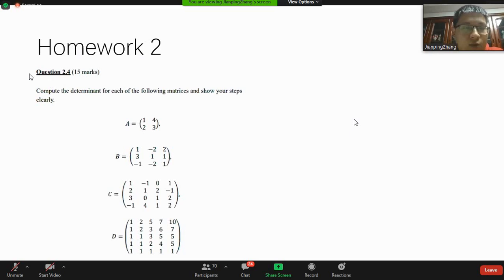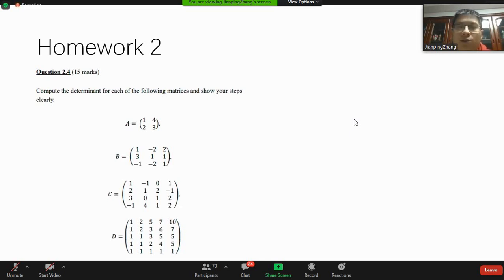And this question, I mentioned before that many of you obtained a wrong result. Yes, because there are 4 sub-questions. To compute the determinant, you can first follow the formula to calculate it.